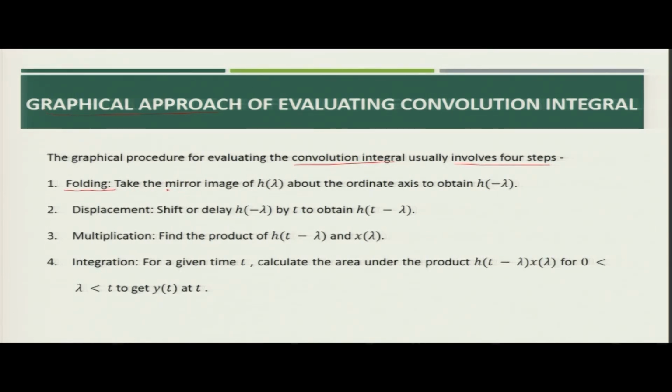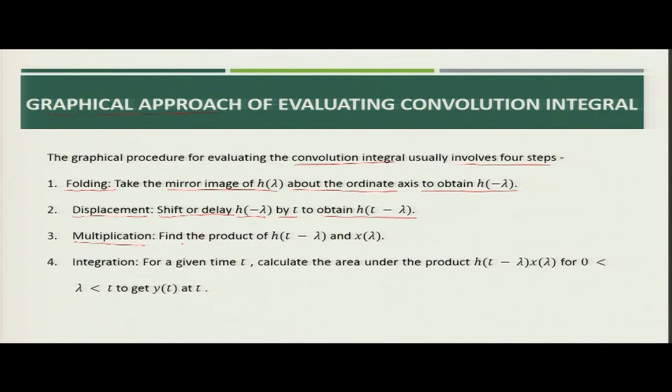That means we take the mirror image of one function, say h(lambda) in this case, about the ordinate axis. Then we will get the function h(minus lambda). Second step is displacement, where we shift or delay h(minus lambda) by t, so that we get the function h(t minus lambda).